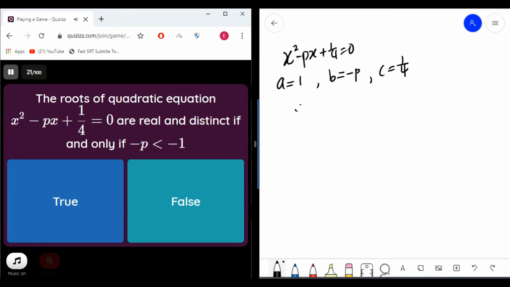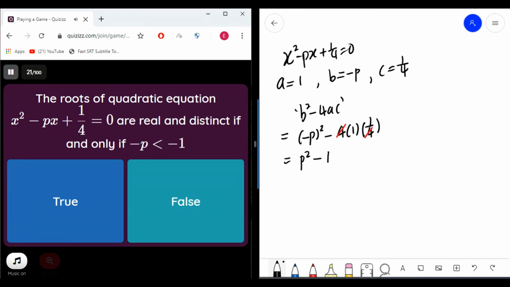When we take b squared minus 4ac, it equals negative p squared minus 4 times 1 times 1 over 4. Negative p squared is just p squared. Then minus this 4, and the 4s cancel. We'll end up having minus 1.